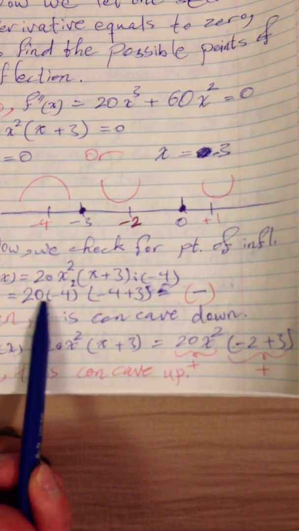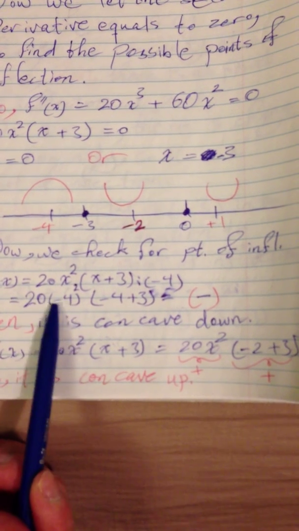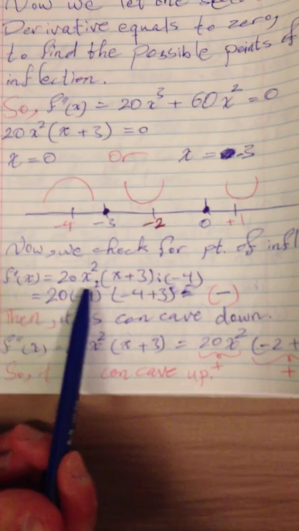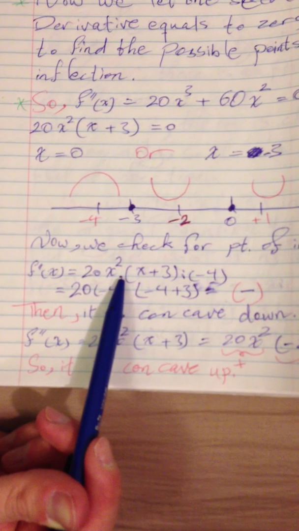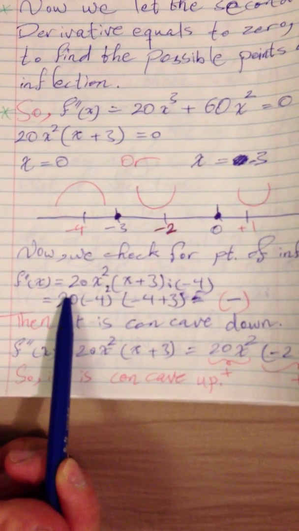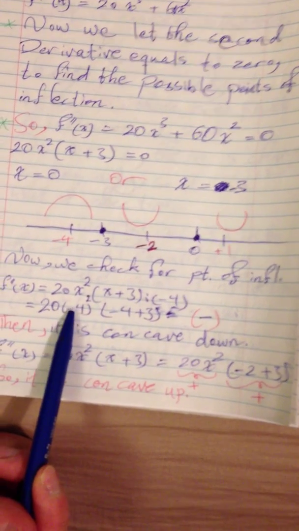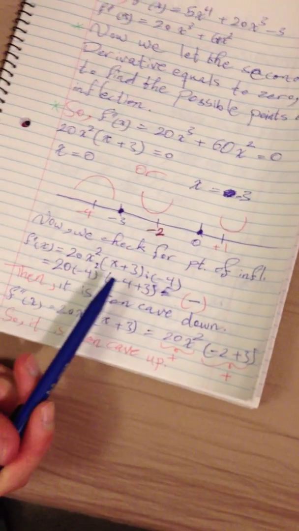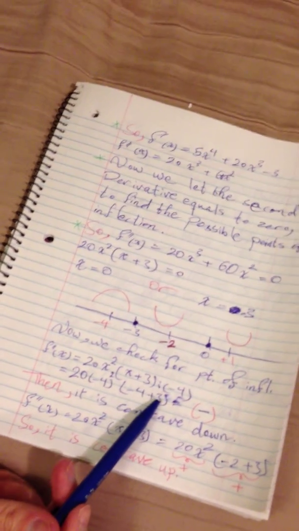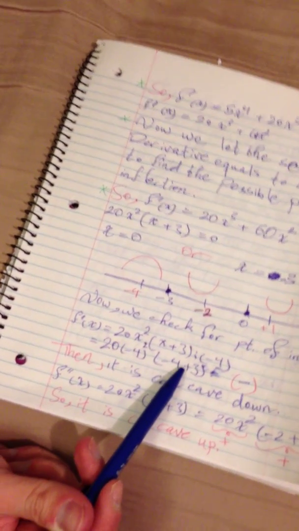Negative 4 squared is positive, multiplied by negative 4 plus 3, which is equal to negative 1.